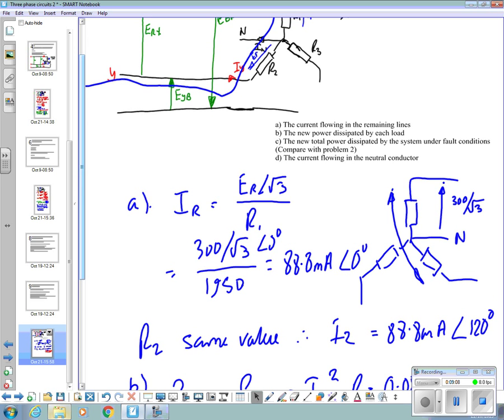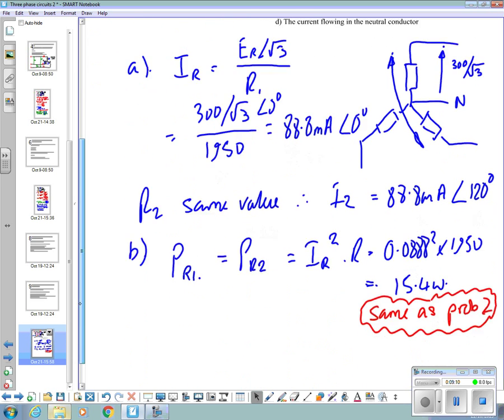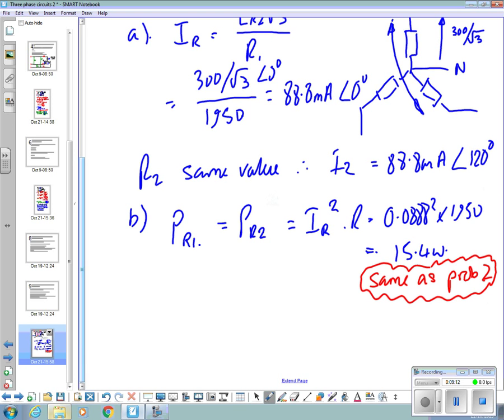New power dissipated by the system under fault conditions. So the new total power, PT, must be PR1 times 2, that's 30.8 watts. How does that compare?